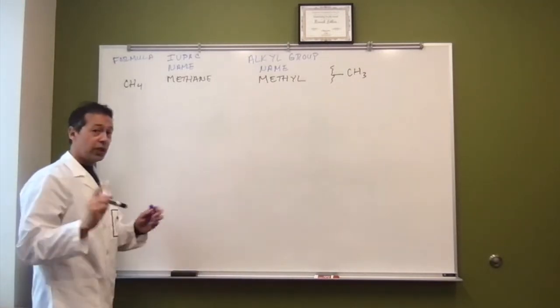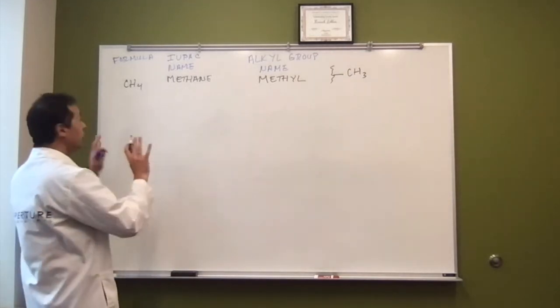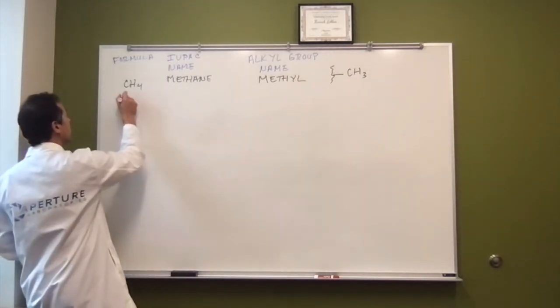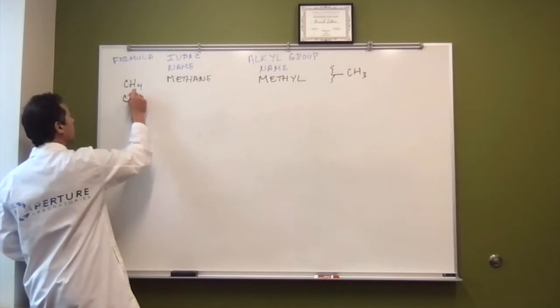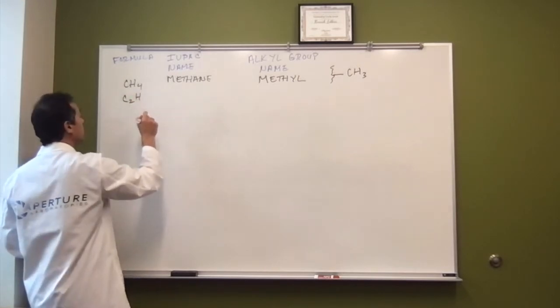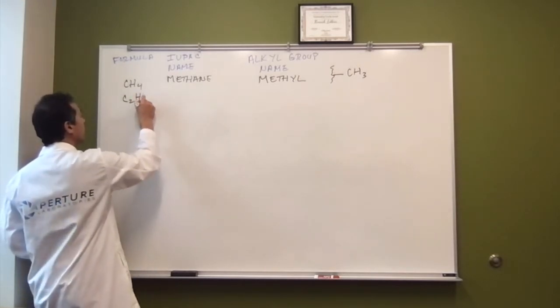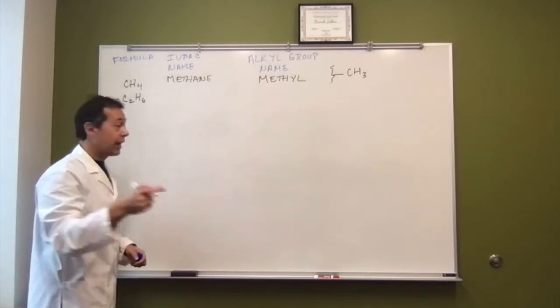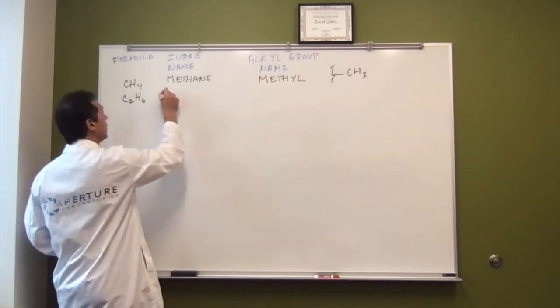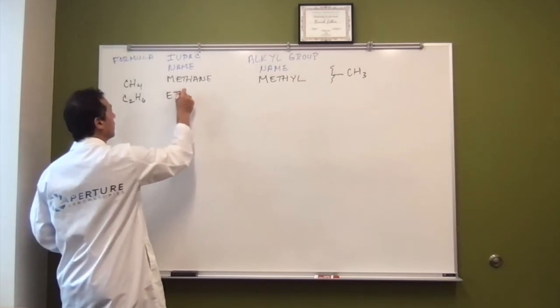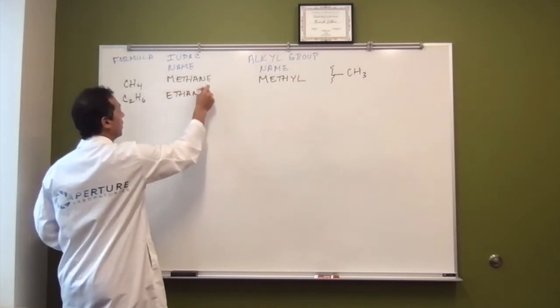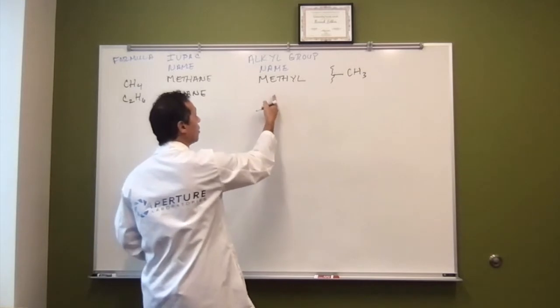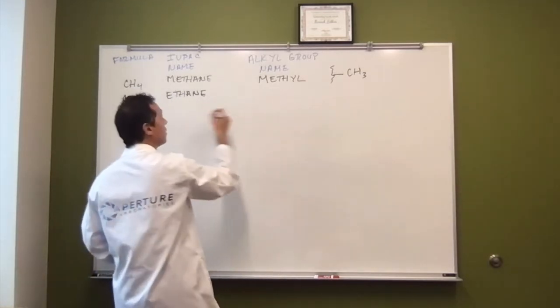Then moving on, we're going to have 2 carbon atoms, so C2H6, and this becomes ethane, and the alkyl group becomes ethyl.